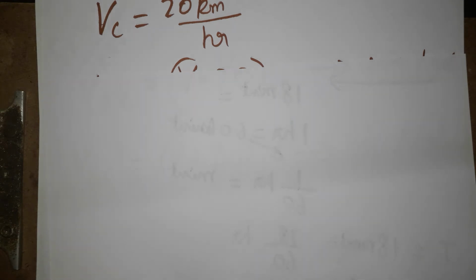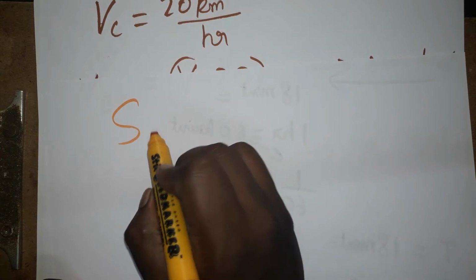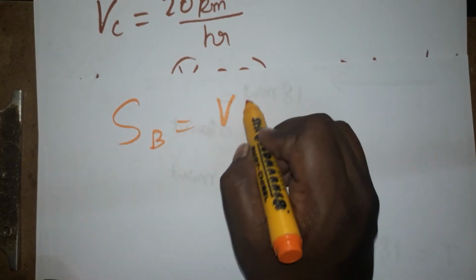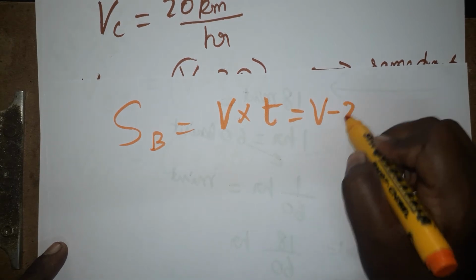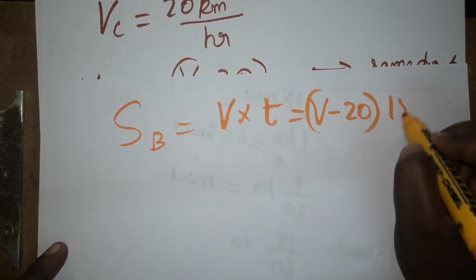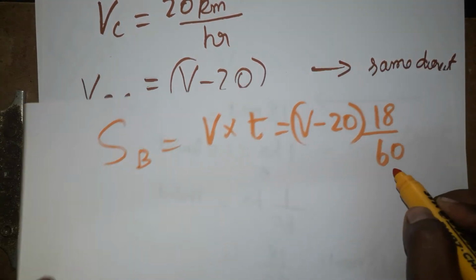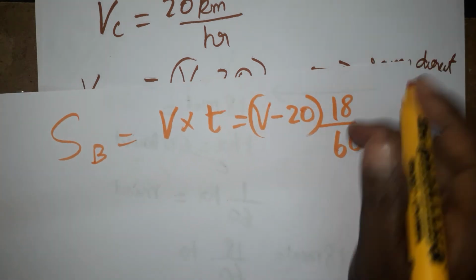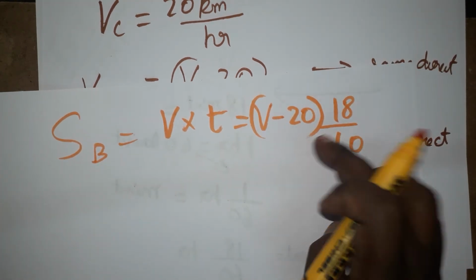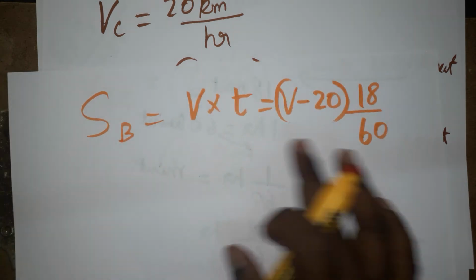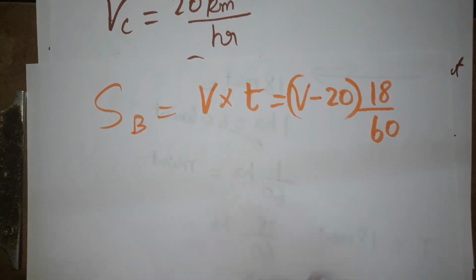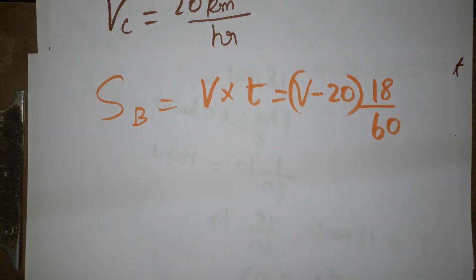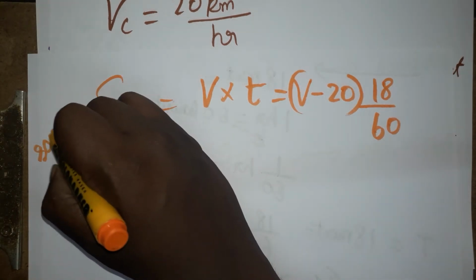Displacement is equal to velocity into time period. What is the velocity? V minus 20. What is the time period? 18 by 60, because we converted into hours. Since velocity is 20 kilometer per hour, definitely minutes to hours we should convert. This is the displacement of the bus when it is moving in the same direction.